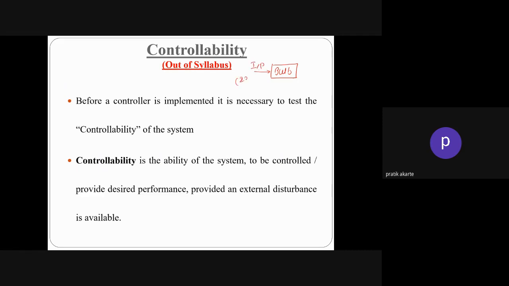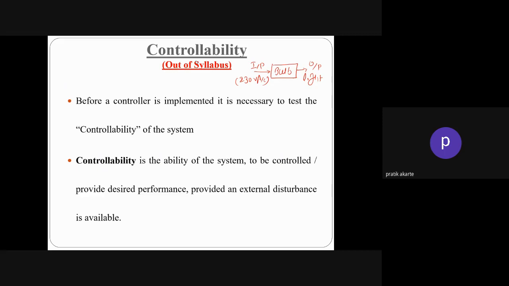The input is 230-volt AC power, and the output from that bulb is the light we are getting. So we have to define this.